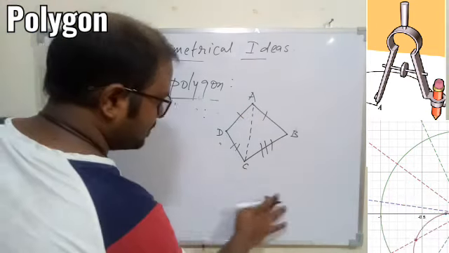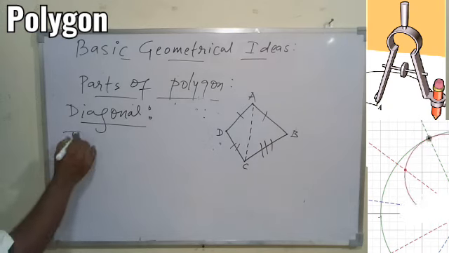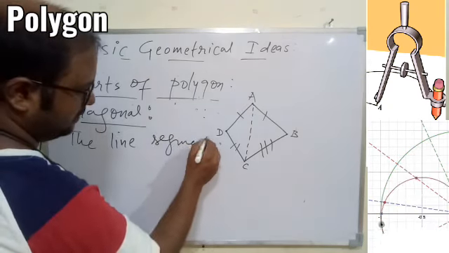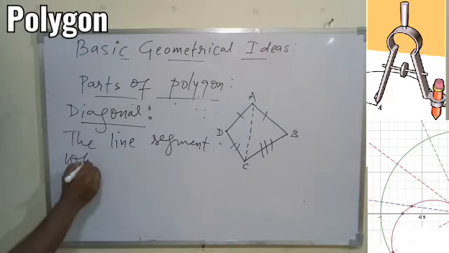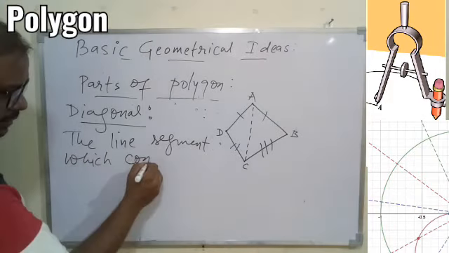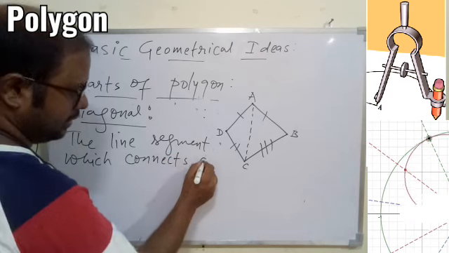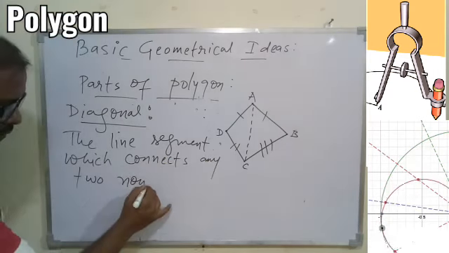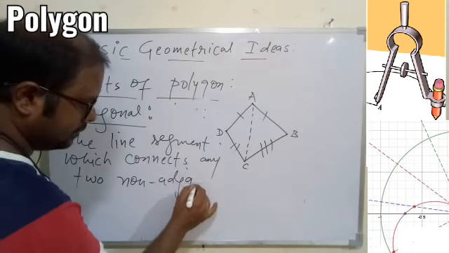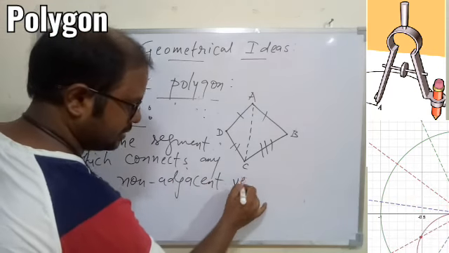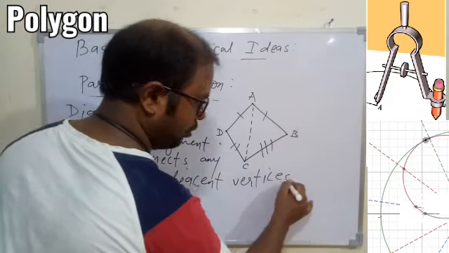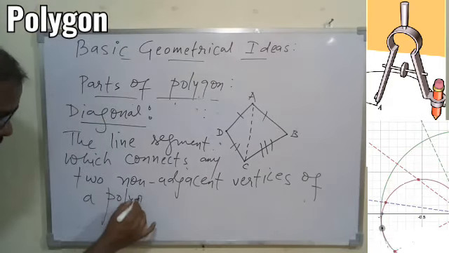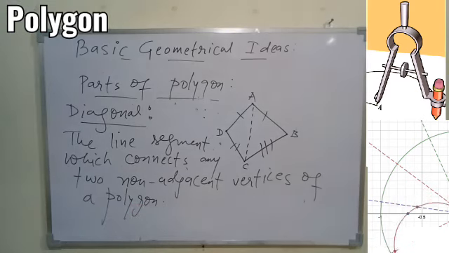First I am writing the meaning: the line segment which connects any two non-adjacent vertices of a polygon is a diagonal.